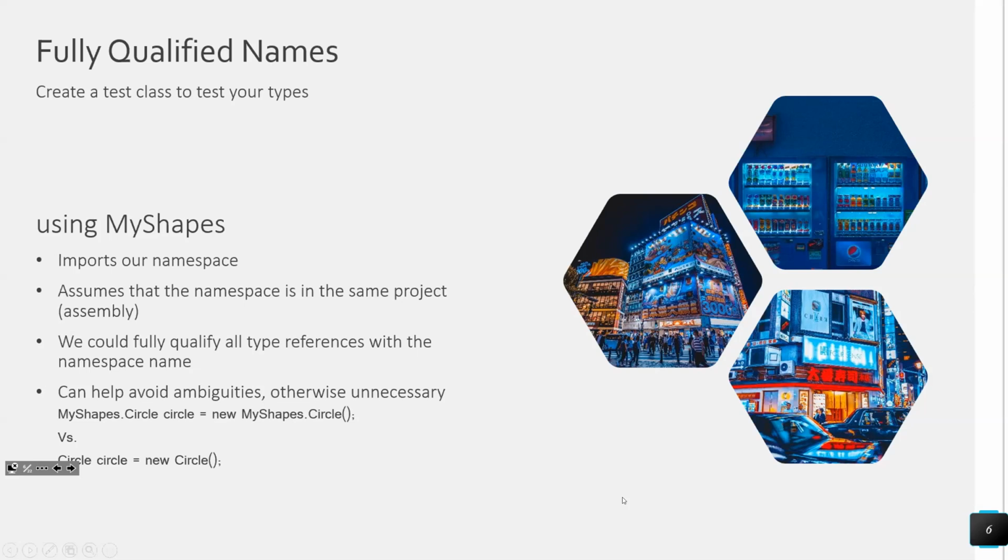The statement above is doing the exact same thing, but notice that the circle name is fully qualified. A fully qualified name is one that has the namespace name, followed by the dot, then followed by the type name or the class name. So these two statements are the same. It's just that the top one is fully qualified. Does that make sense? See it? And we've seen that a lot in our code.